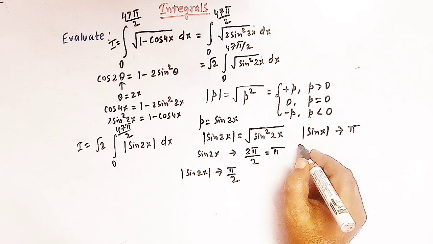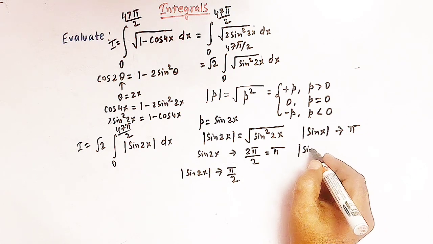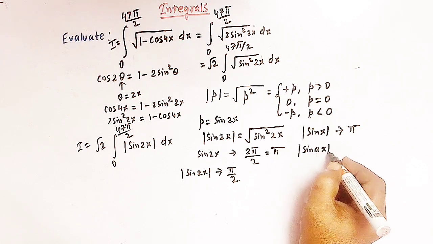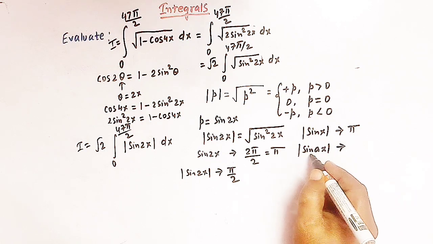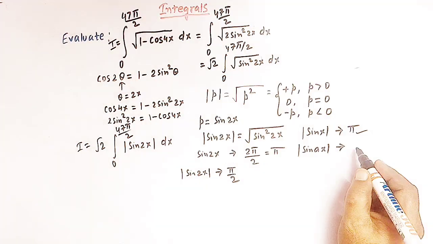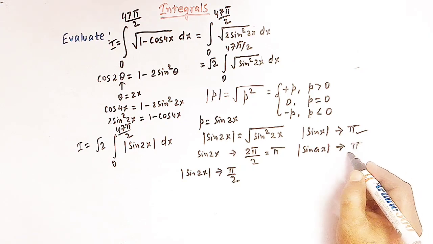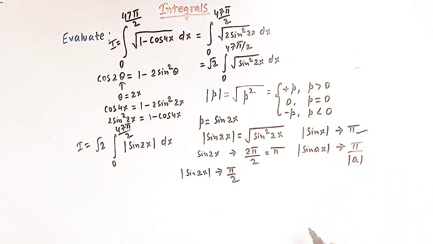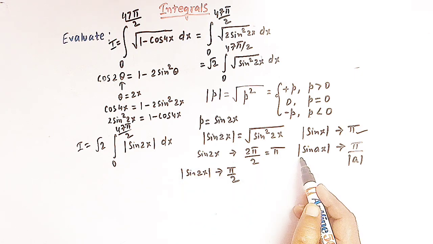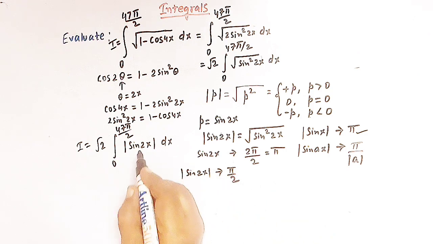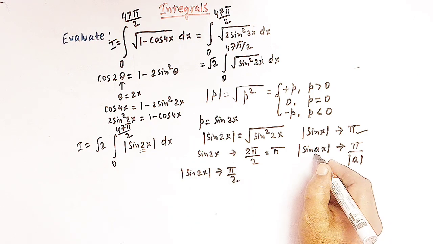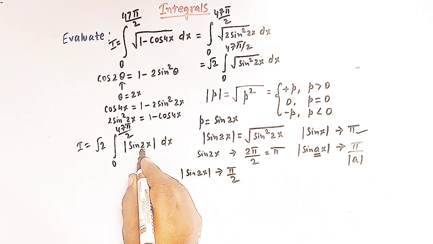And when we have a mod of sine ax, then the period of mod of sine ax is given by pi over mod of a, right? So if we compare mod of sine 2x with mod of sine ax, then we can see that the value of a is 2, right?